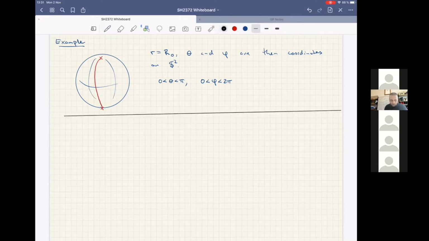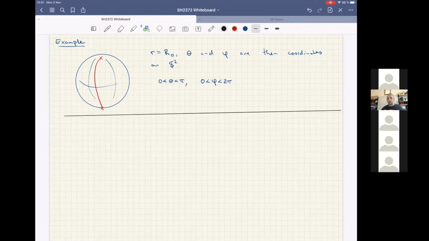So let me also say what the point of doing all of this is. So a sphere, I could of course go on and try to describe this sphere as a subset of three-dimensional Euclidean space. However, in general, this is not what we are going to want to do. Instead, what we will want to do is to describe the sphere only with things that are intrinsic to the sphere.